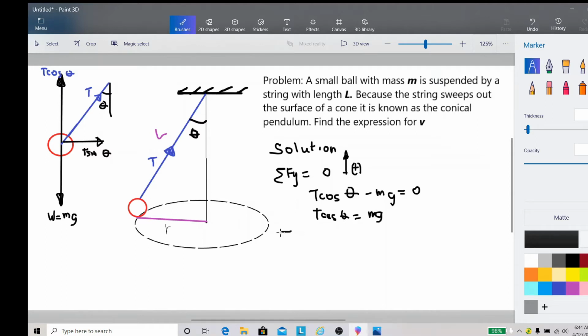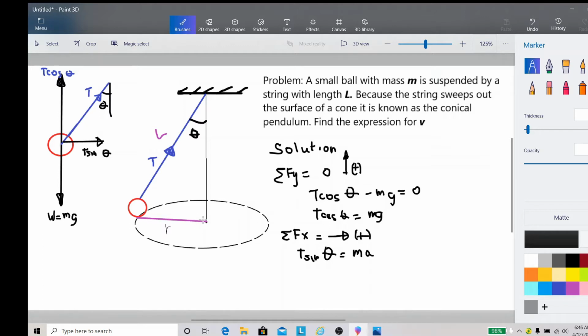If we sum up forces in the x direction, that is equal to ma. So with the right as positive, that will be T sine theta, and that is equal to ma.